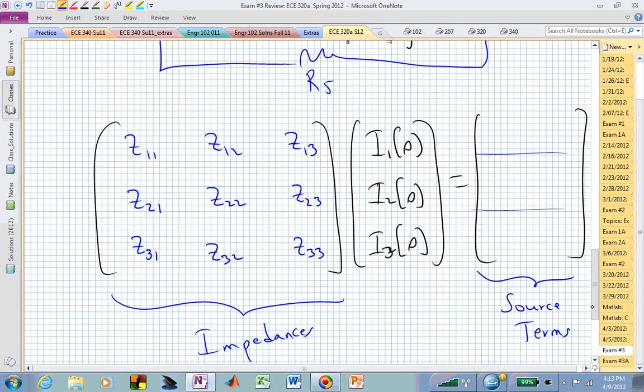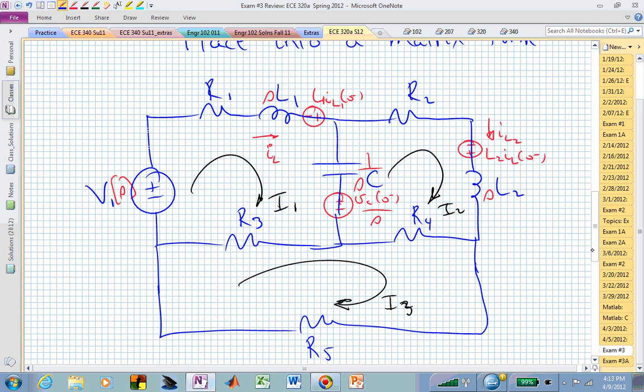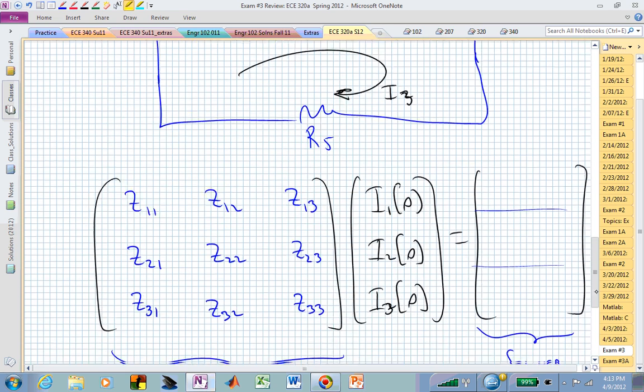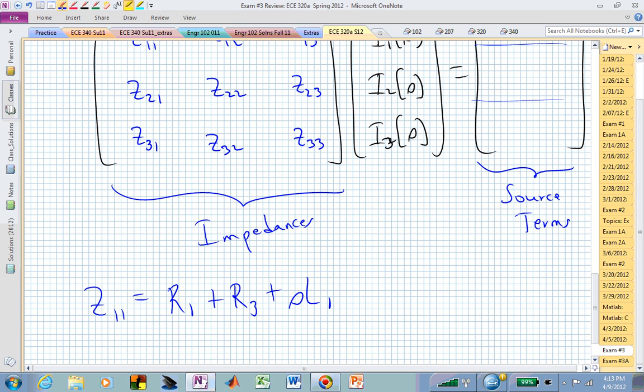It was the L1 impedance, and meaning now I'm simply looking at what happens when I write KVL around that yellow highlight. And I now have the 1 over SC, and that's the Z11 term that I would expect you to have.